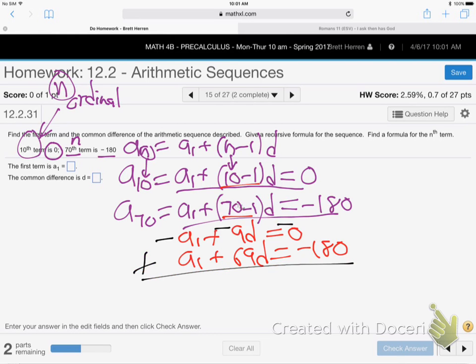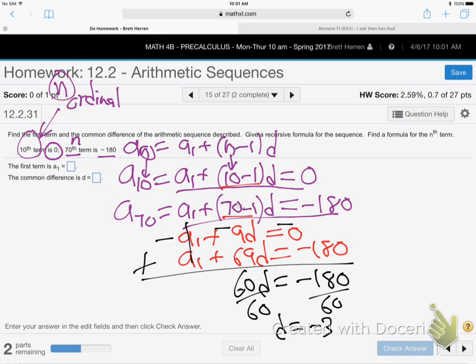Then add them up, and the a1s cancel. 69d minus 9d is 60d, and that's equal to negative 180. Divide by 60, and d is negative 3. So we got d.